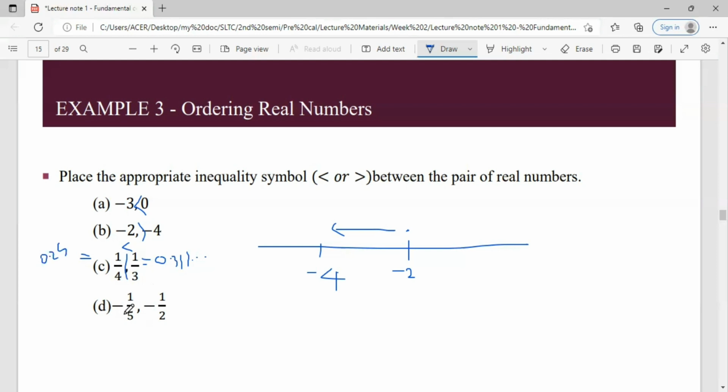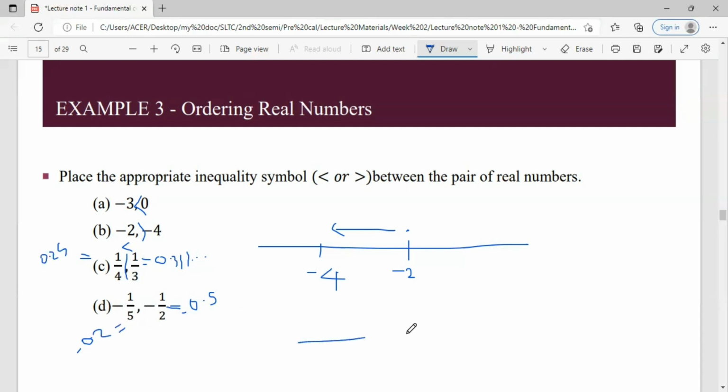Then considering these two, minus 1 over 2 and minus 1 over 5. Minus 1 over 2 means minus 0.5. Then minus 1 over 5 means minus 0.2. Right?